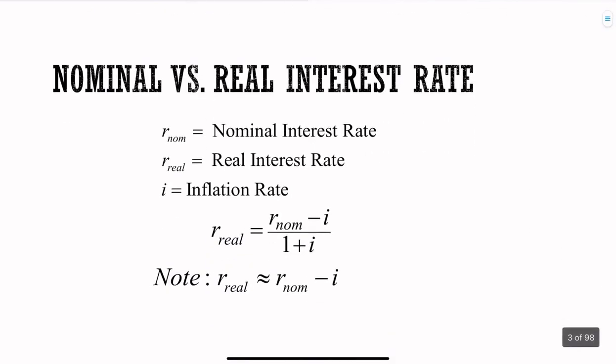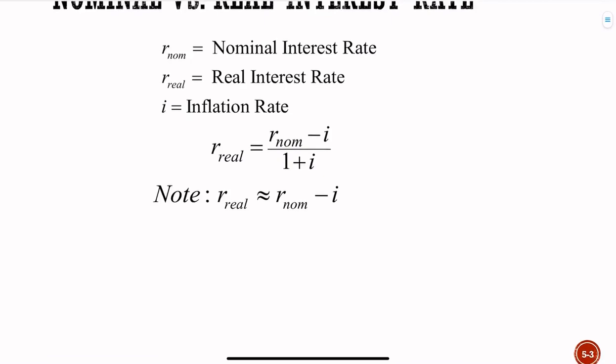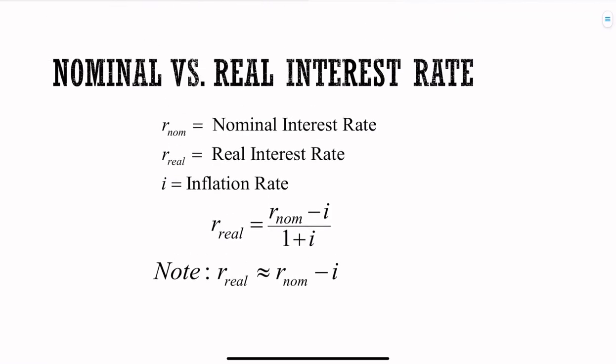Now, how are nominal rate and real interest rate related? Well, think about this. Right. So let's say we start from nominal rate. Okay, let me see what's the notation here. So let's say the nominal rate is R nominal, and then the real interest rate is R real.